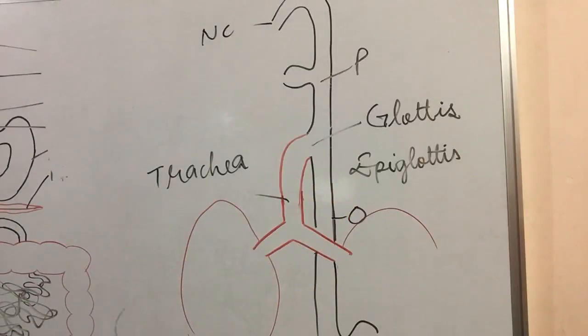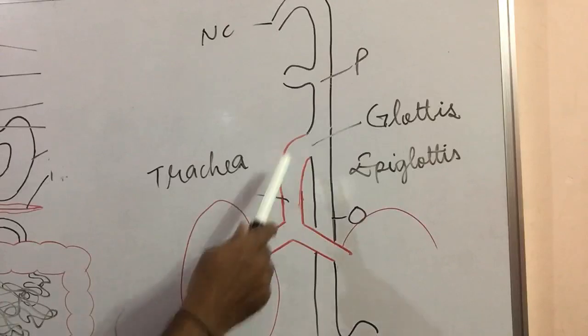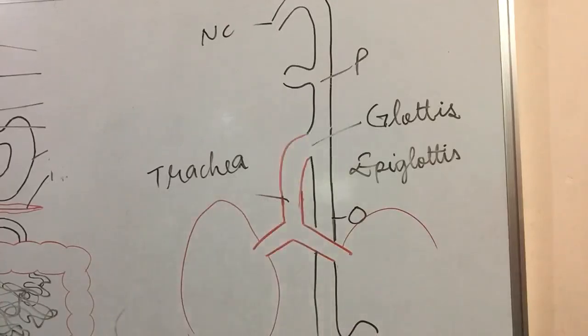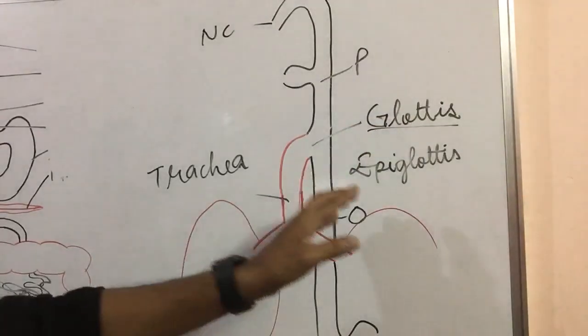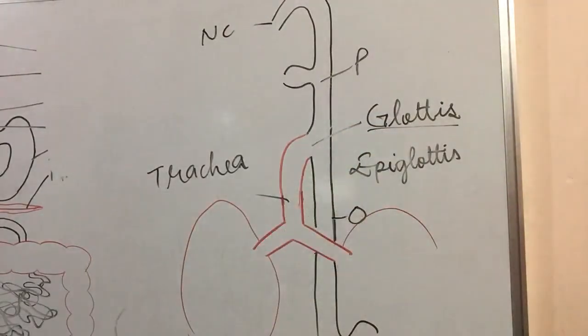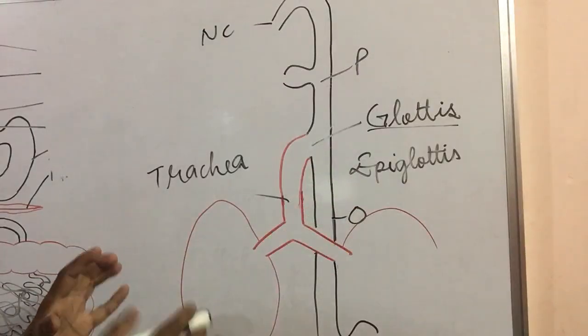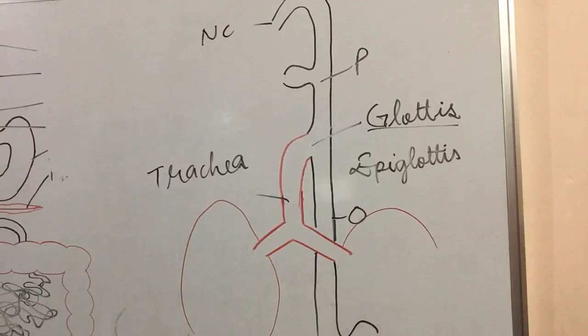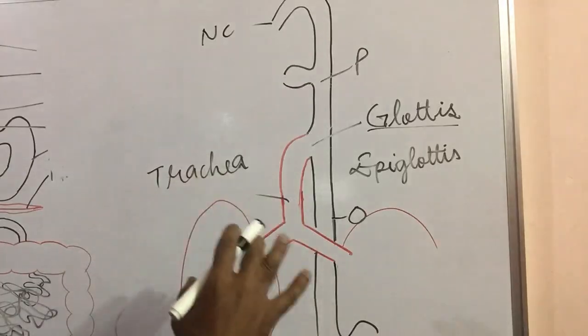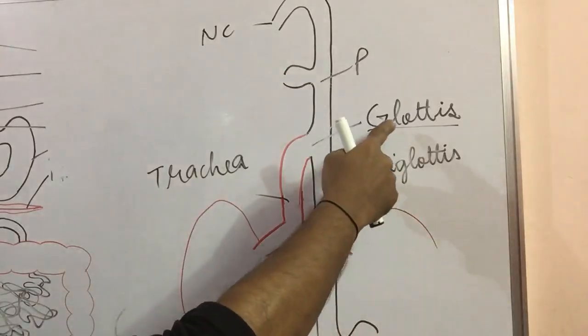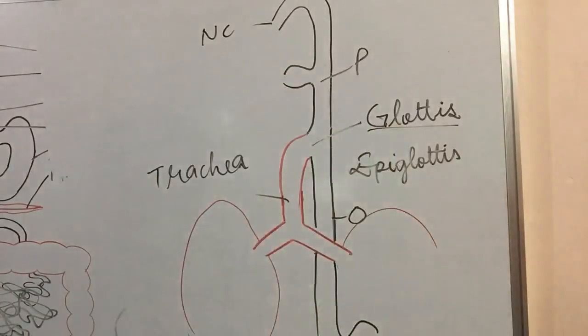At the point where the trachea and oesophagus meet, there is an opening called the glottis. There is a flap or lid-like structure which can close it. For example, take the example of a door. The space for the door is called the glottis, and the door itself is the epiglottis.